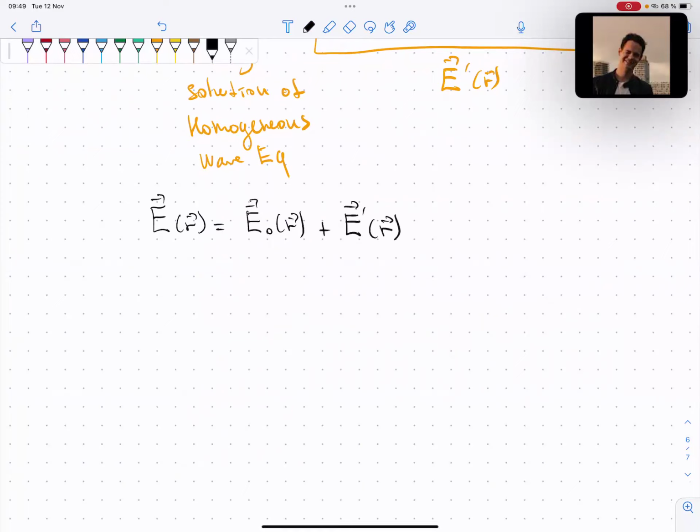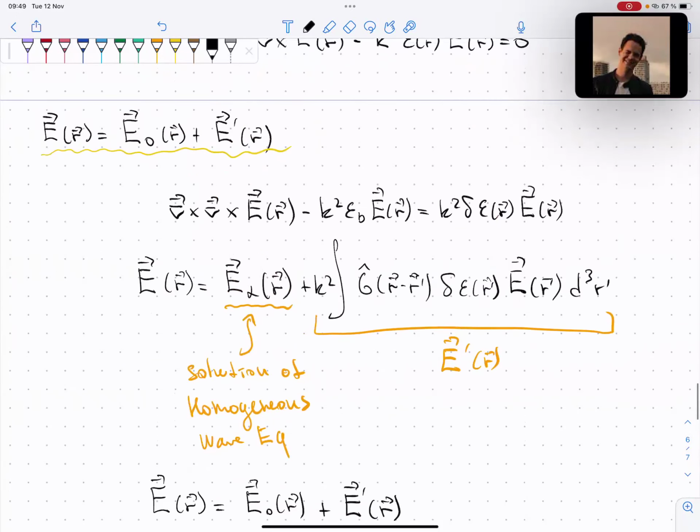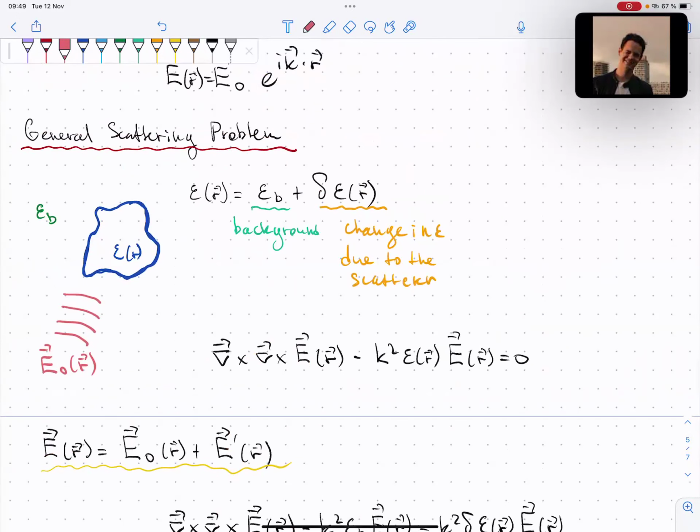And we can actually take two different regions. For example, let me call the region outside of the scatterer region 1 and the region inside the scatterer region 2.